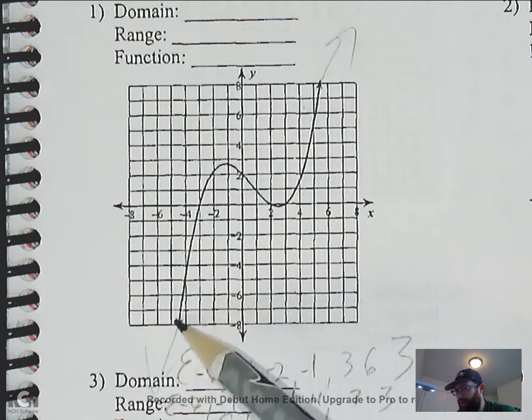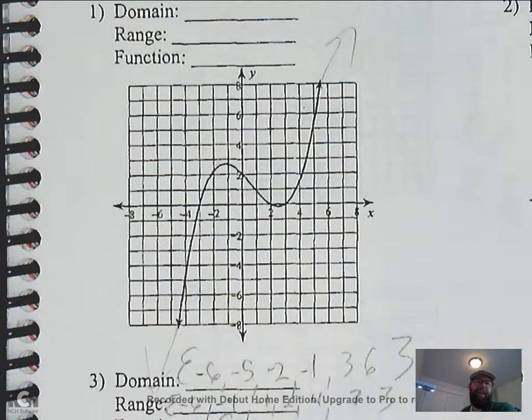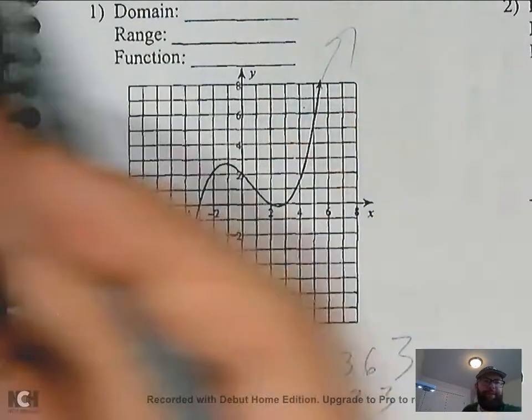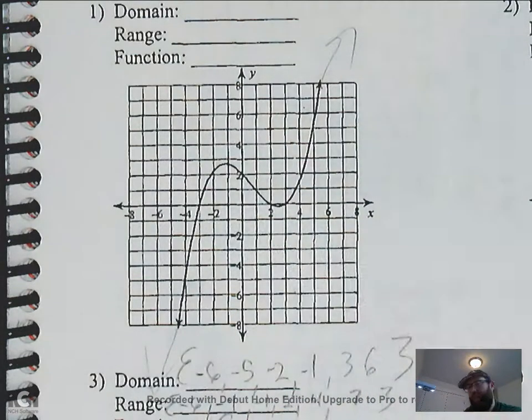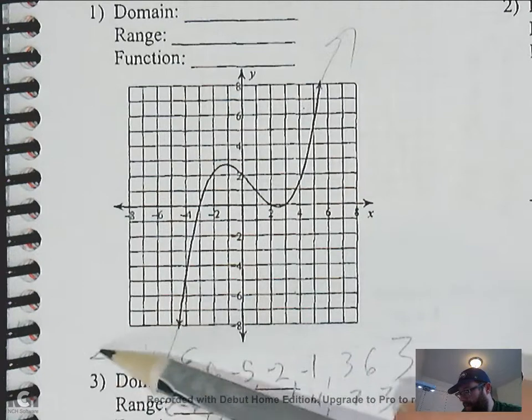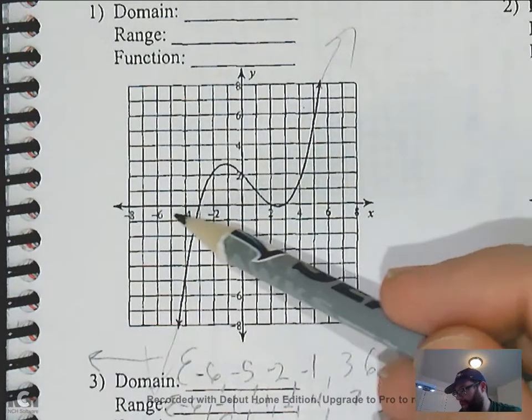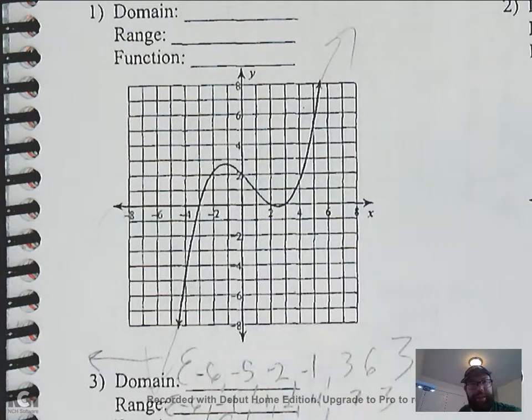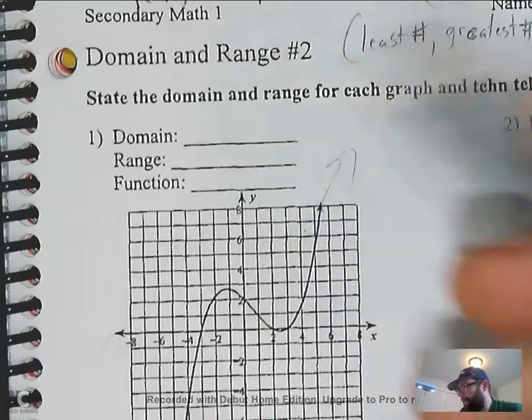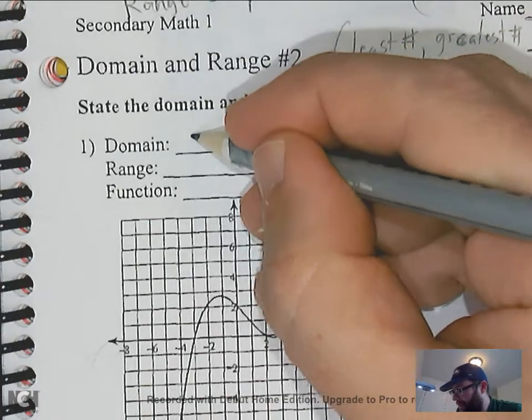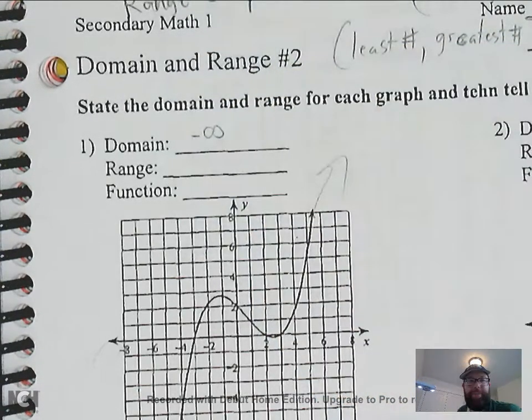And since it keeps going slightly left forever, I'm going to go to negative infinity, right? It's going negative forever to the left, and negative forever to the left is the negative direction. So it's going to negative infinity. So its least number is going to be negative infinity.